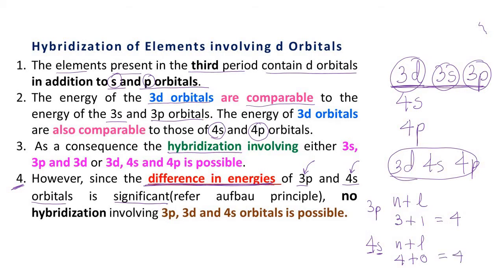Of course both have the value 4, but one has principal quantum number 3 and the other has principal quantum number 4. As a result, no hybridization involving 3p, 3d and 4s orbitals is possible. This point is very important, students: hybridization involving 3p, 3d and 4s orbitals is not possible.